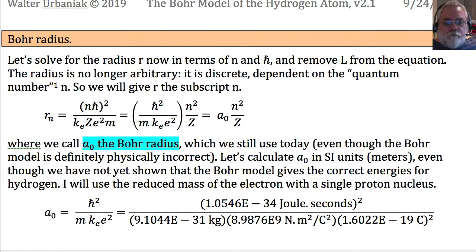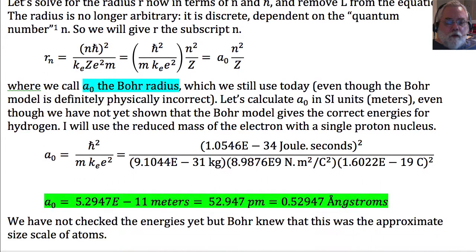If we go through the equation for A sub 0 and we substitute in known values for h bar, the reduced mass of the electron, k sub e, the Coulomb constant, and e squared, and we calculate it out, we get that A sub 0 equals 5.29 by 10 to the minus 11 meters, which is 52.9 picometers, or 0.529 angstroms.